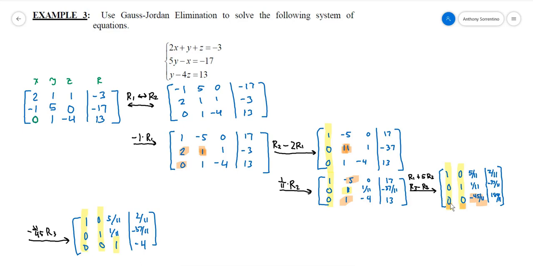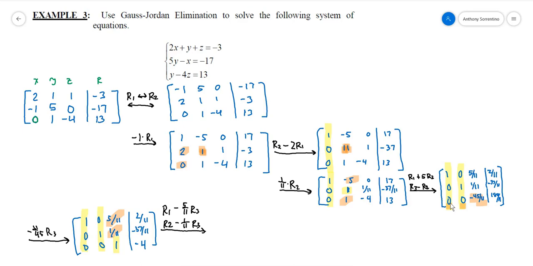So I had to think what I need to do to get the zeros in the last two places, namely here and here. So row 1, I'm going to subtract away 5/11ths of row 3, and row 2, I'm going to subtract away 1/11th of row 3.